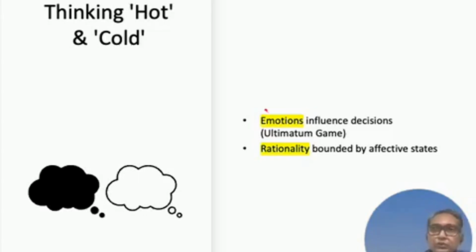For instance, emotions can influence your decision sometimes, which truly speaking should not, right? When you're making a decision, it should be based on the given information, so you come up with a solution and make a decision. But as you all know, the more emotional you are in a given situation, the less rational your decision is. So our rationality is bounded by our affective state. Affective, you're referring to emotional state.